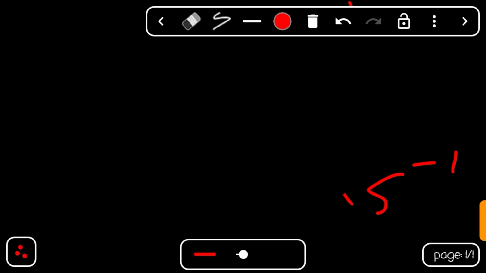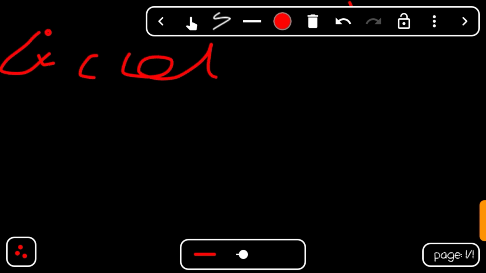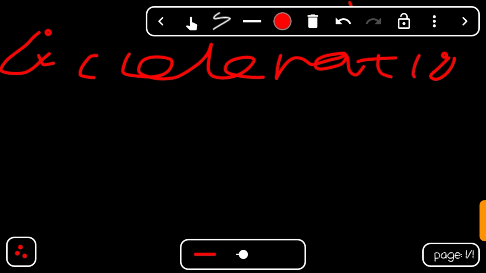Okay, let's go into the third and final term, which is acceleration. What is acceleration? Acceleration is the rate of change of speed or velocity. Let me quickly explain.